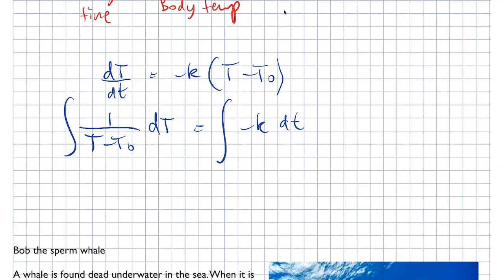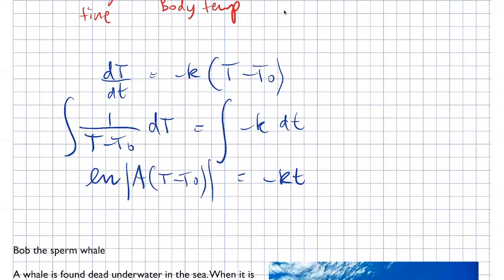And we can take the integral of both sides. If we do that, I get log(T minus T0), and I'll put a capital A in front of that. Usually we use a K, but I've already got a K, so we'll use A instead, and that becomes negative kt.